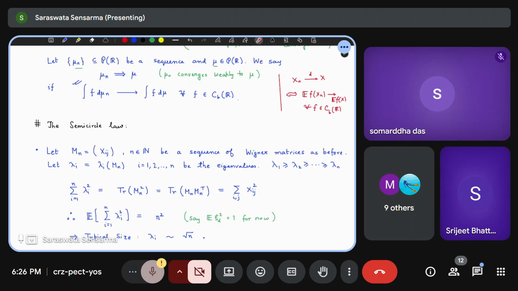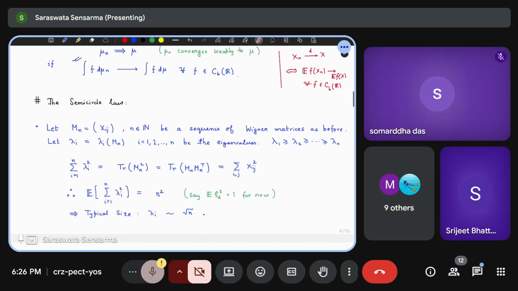Okay, so where was I? Yes, if I look at this summation of lambda_i squared, it's this, right? There are n squared terms in here. So the expectation is actually n squared, if I just, for the sake of argument, assume that the variance of the on diagonal terms is also 1. In particular, the lambda_i's are typically of the size square root n.